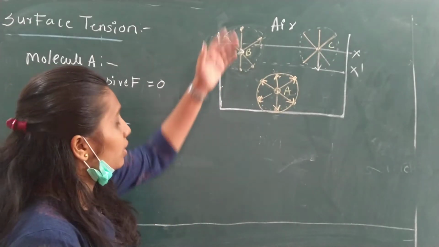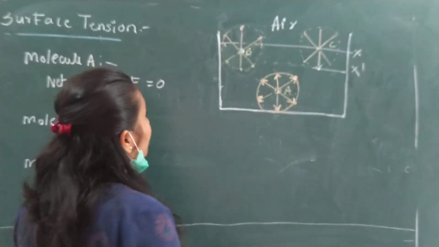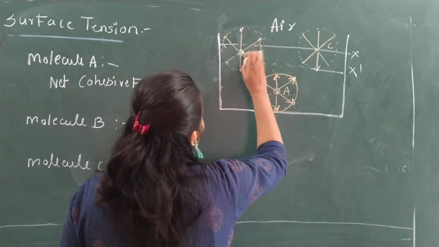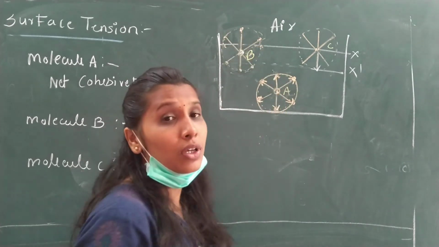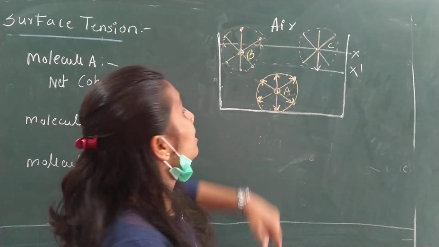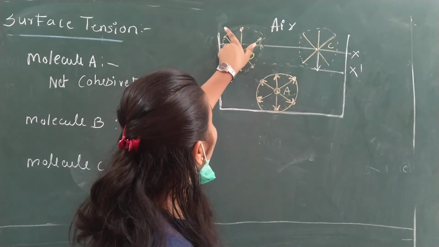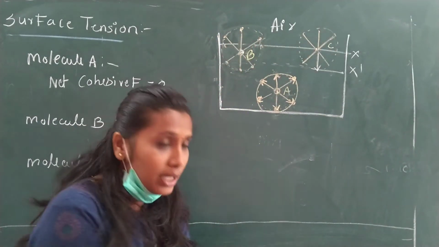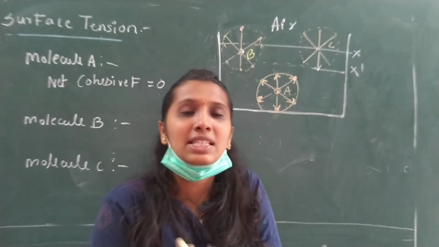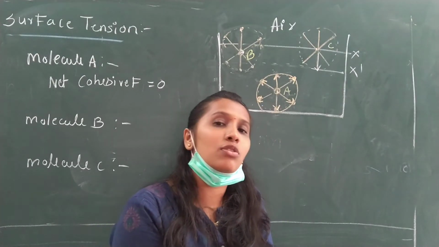Now let's come to the molecule B. If you see properly about this molecule B, the maximum part of the sphere of influence is lying inside the liquid and a small amount of the sphere of influence is lying in the air, that is above the liquid. So the majority part of the sphere of influence is carrying water molecules and obviously B molecule is also of water.